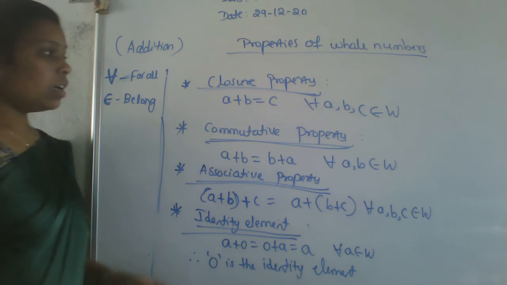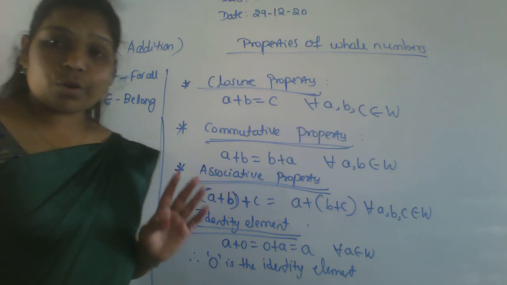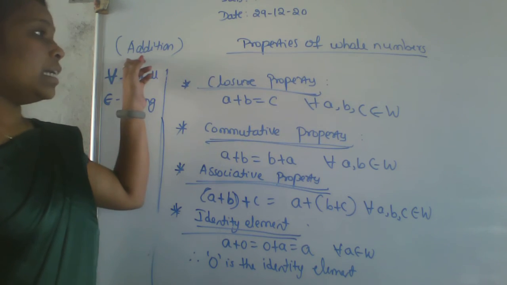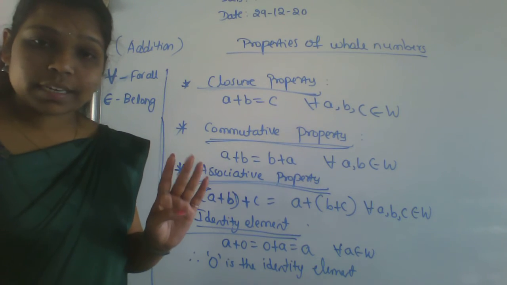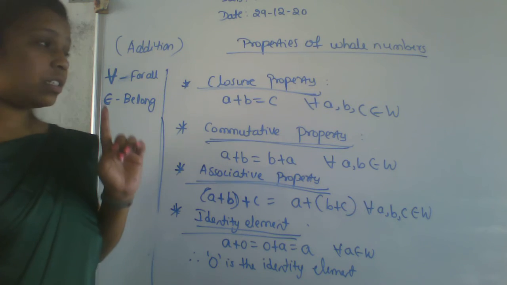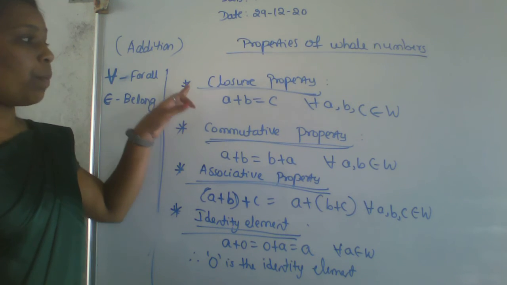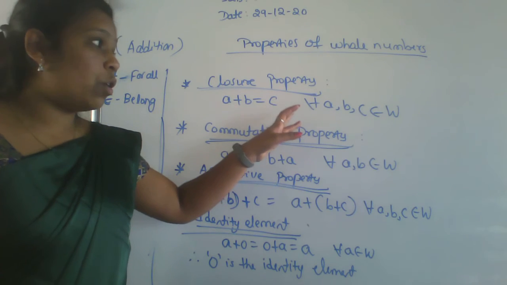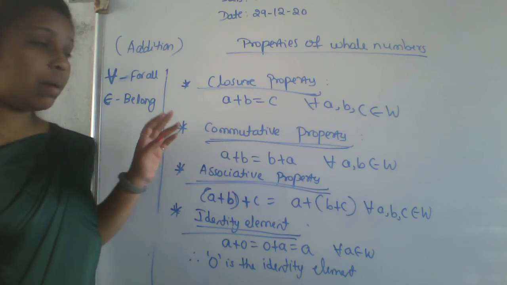So here there are four properties under addition. What are the four properties? First one is the closure property: a + b = c for all a, b, c belonging to whole numbers only.